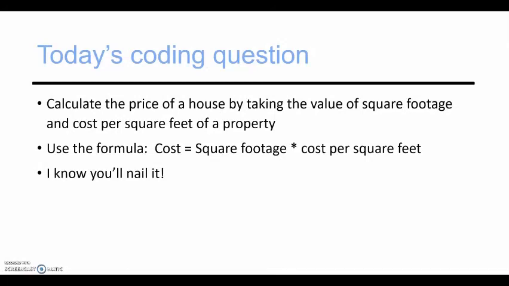We'll use the formula that cost of the house is equal to square footage into cost per square feet. I think this should be very easy. Take the value of square footage and cost per square feet from the user and just multiply them. And I think it's very easy, and I know you'll nail it.